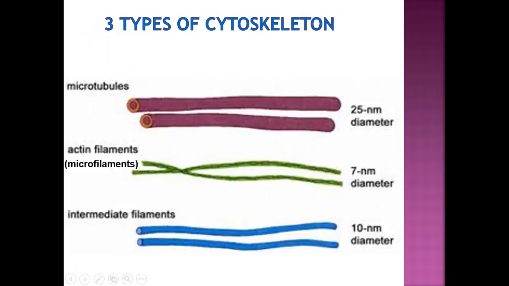Of the three types of cytoskeletons, the microtubules have the largest diameter at 25 nanometers. The intermediate filaments are at 10 nanometers diameter, and the actin filaments, also known as microfilaments, are the ones with the smallest diameter at 7 nanometers.